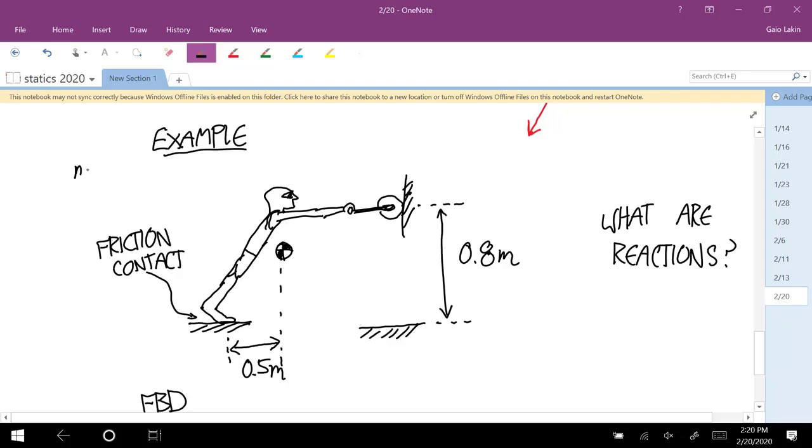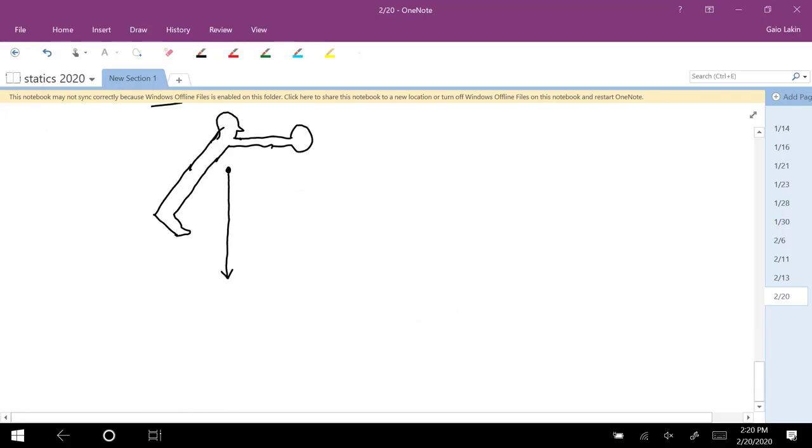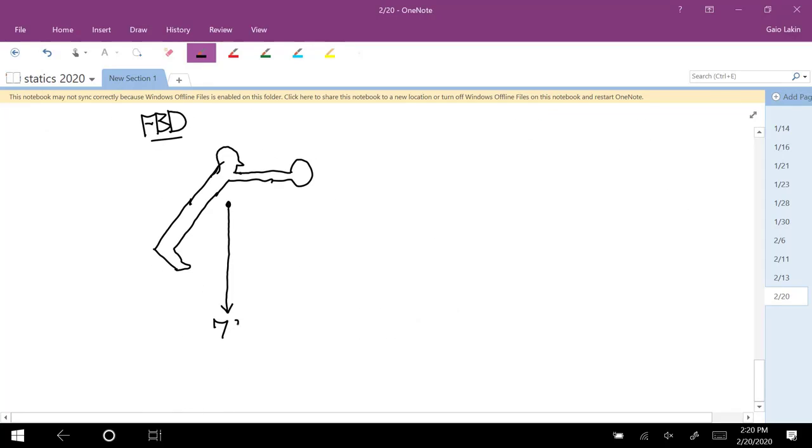It's supposed to be a mass of 80 kilograms. So 80 times 9.81 is 784.8. Is that right? I think that's right. And then here we have a reaction force RA, and then here at the roller we have a force RB with a known direction.